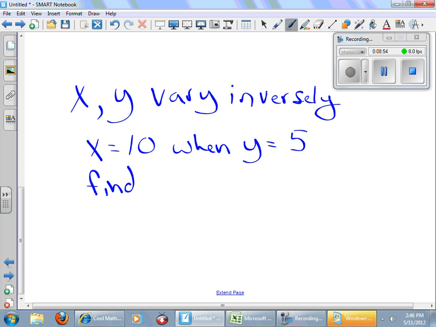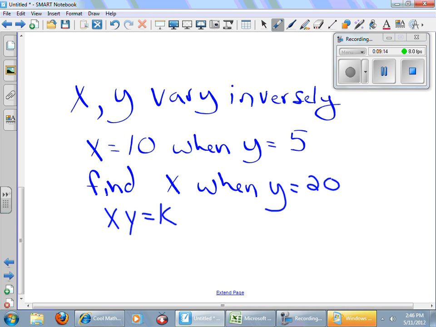Find x when y equals, say, let's make it 20. Well, first thing I do is I go xy equals k, and I plug in 10 times 5, and that's going to be my constant of variation, which is going to be 50.